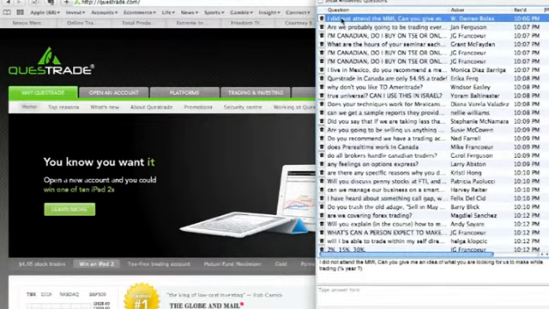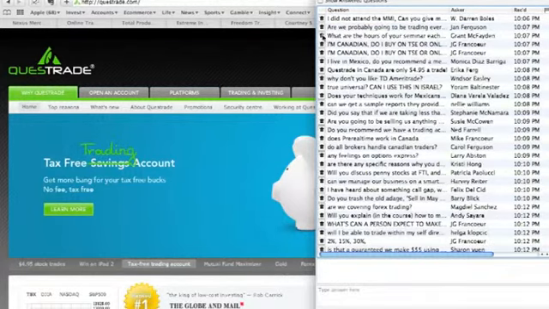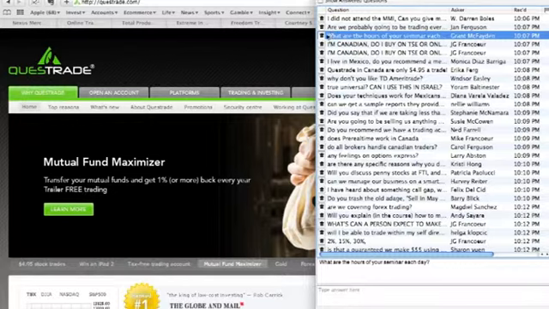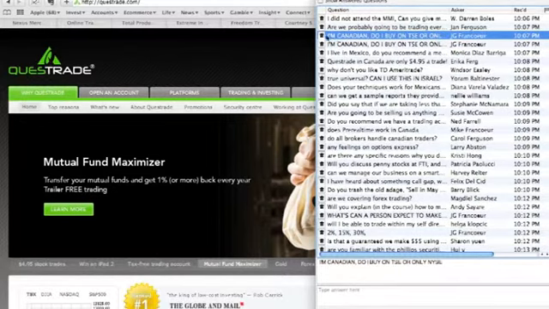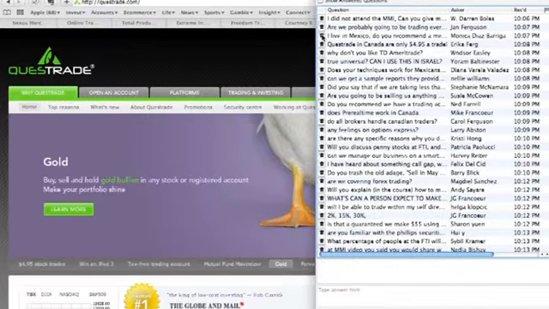I did not attend the MMI. Can you give us an idea of what you're looking for us to make while trading each year? We can never, ever know how much money we're going to make when we trade because we will make as much money as the market will give us. So in some years, like 2008, we're only going to make a little bit of money.